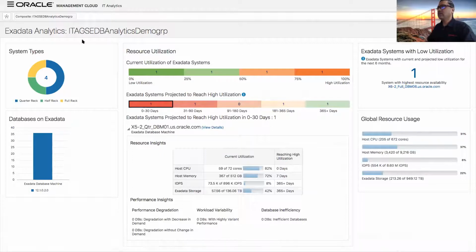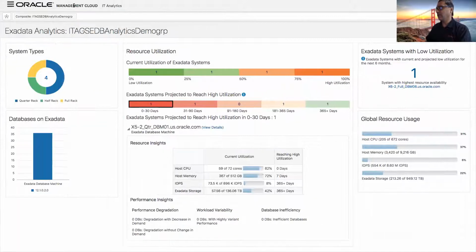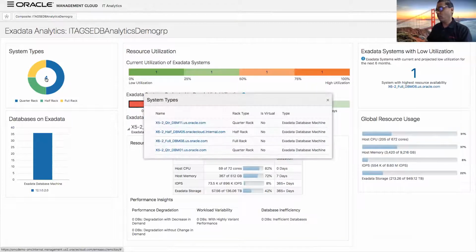So as you can see, this is my Exadata Analytics app I was talking about. Of course, there are many other features here, but we will strictly talk about the Exadata Analytics application here. So I mentioned inventory. What it means is I have an inventory of 4 Exadata boxes.